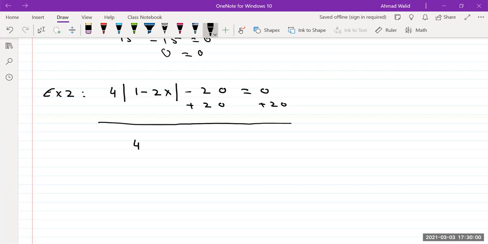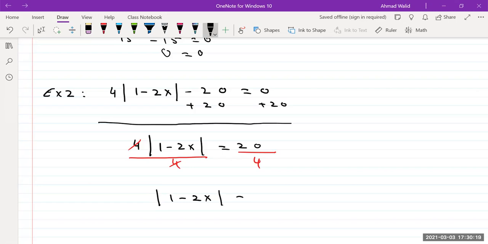Then 4 absolute value of 1 minus 2x equals 20. Now divide both sides by 4. Then the absolute value of 1 minus 2x equals 20 divided by 4, which gives you 5.